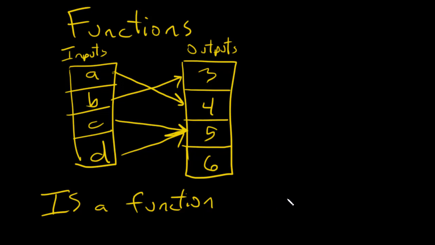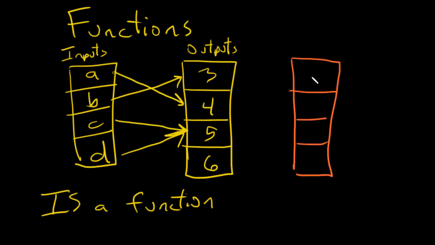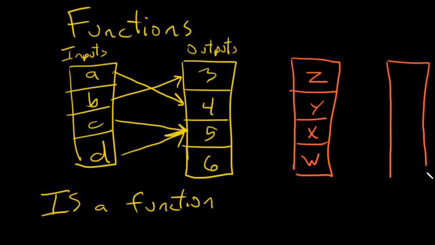And then as an example of something that isn't a function, let's see, what color would you like for that? Let's go orange. No one likes the color orange. So if I have a set of inputs, Z, Y, X, W, and then some outputs over here, maybe 4, 8, 12, 16.